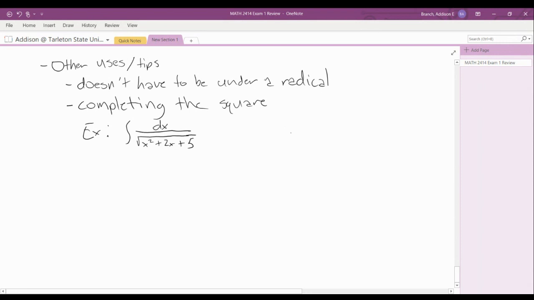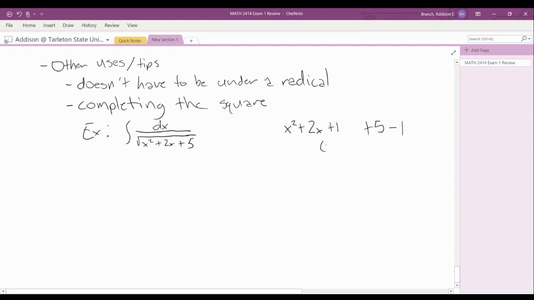So we know we have an x squared and a 2x, and we have a plus 5. We can group that x squared plus 2x and complete the square and add a plus 1, and we just have to remember to take off another 1 right here.